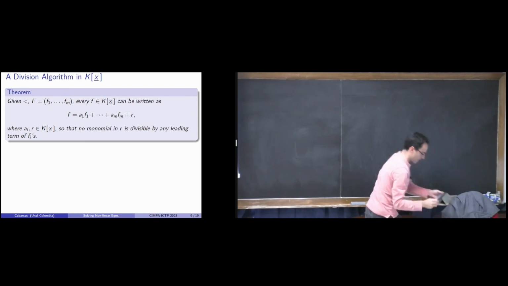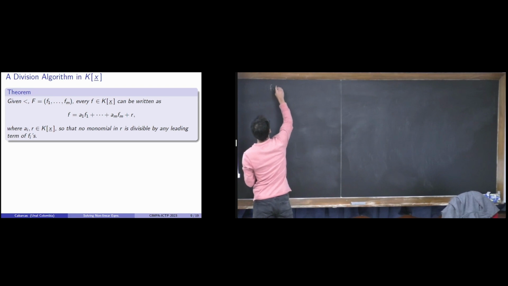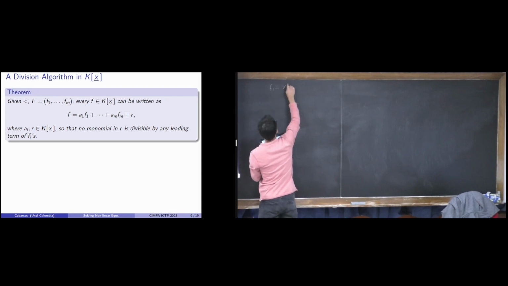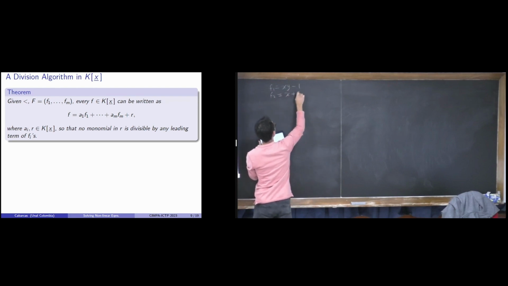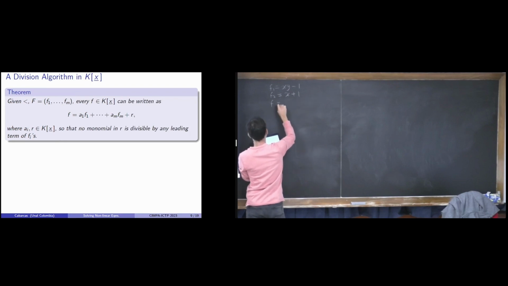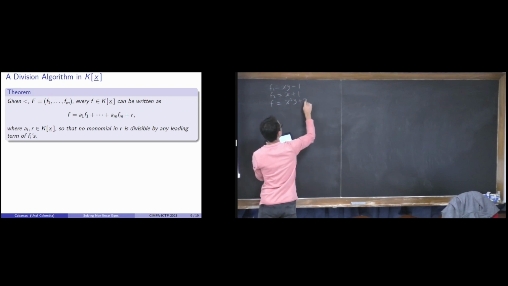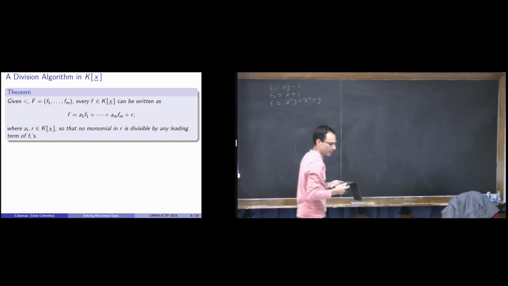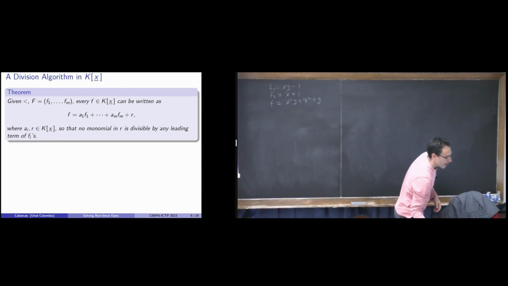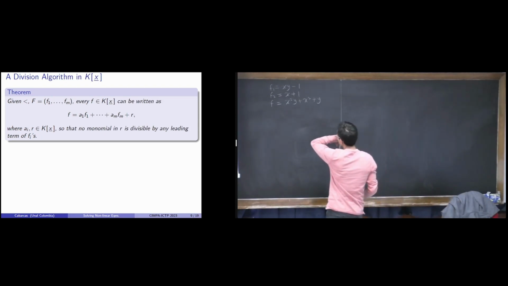Let's say we have f1 equals xy minus 1 and f2 equals x squared plus x, and we want to find the r and the a sub i's that satisfy this.